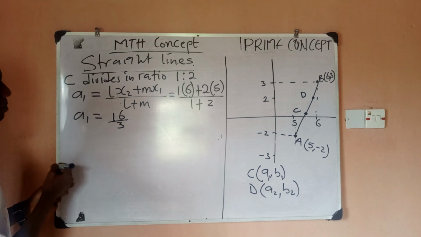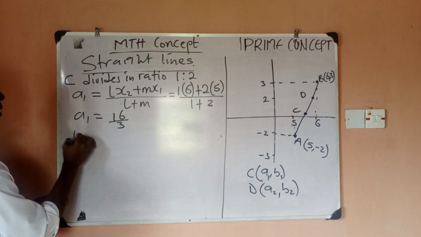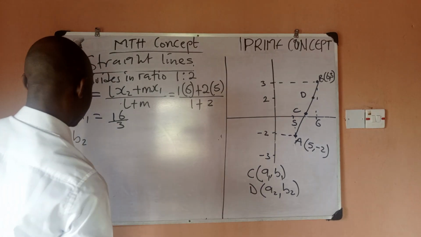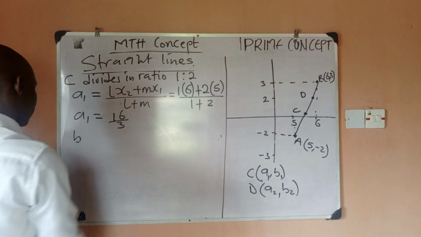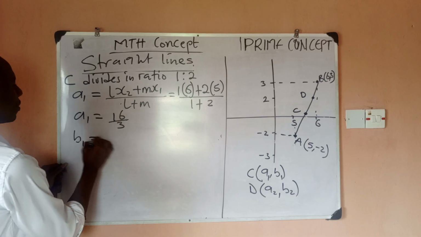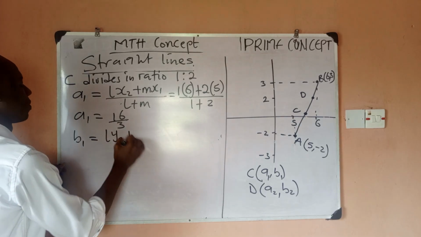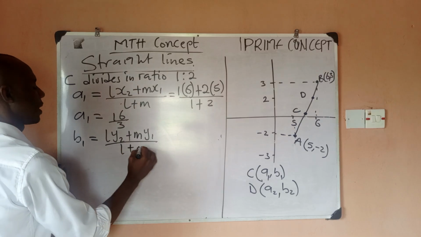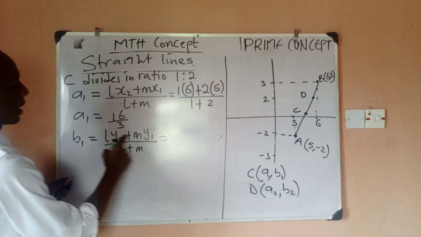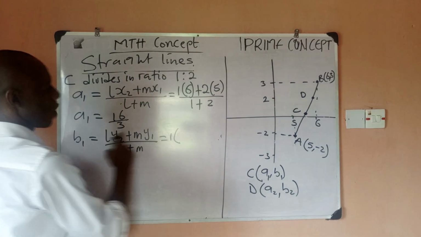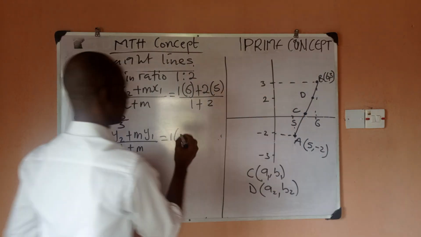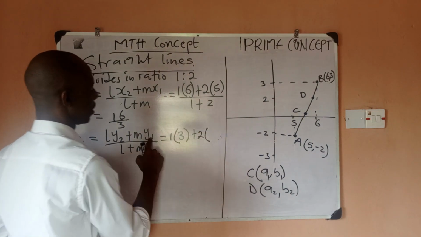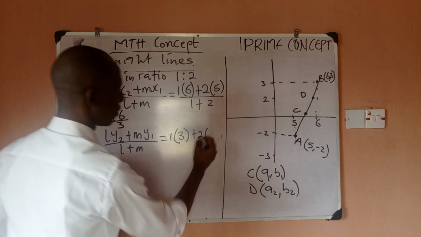Now, in the same manner, I'm going to find my B1 still for point C. So my B1 is going to be ly2 plus my1 divided by L plus M. So I'm going to have my L is 1 into Y2. Y2 is 3 plus M, which is 2, into Y1. Y1 is minus 2.